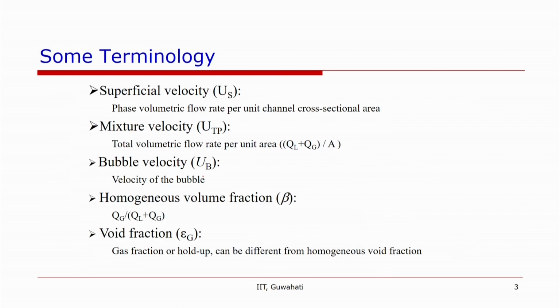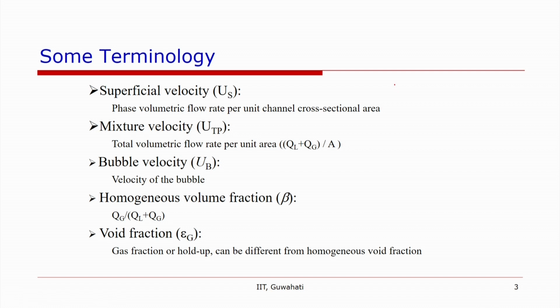Okay. So, before we go on to do anything else, let us look at some of the terminologies that might be required to understand Taylor flow. So, superficial velocity, it can be the superficial velocity of the gas phase, superficial velocity of the liquid phase, and it is basically Us equal to Q over area of cross section of the channel.